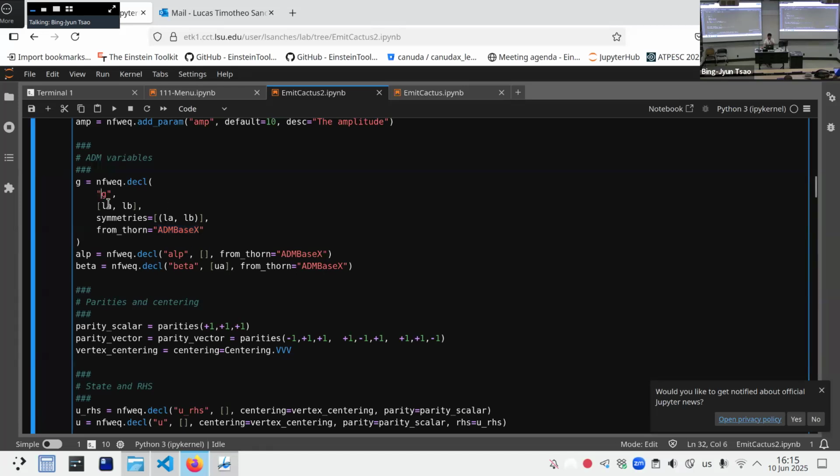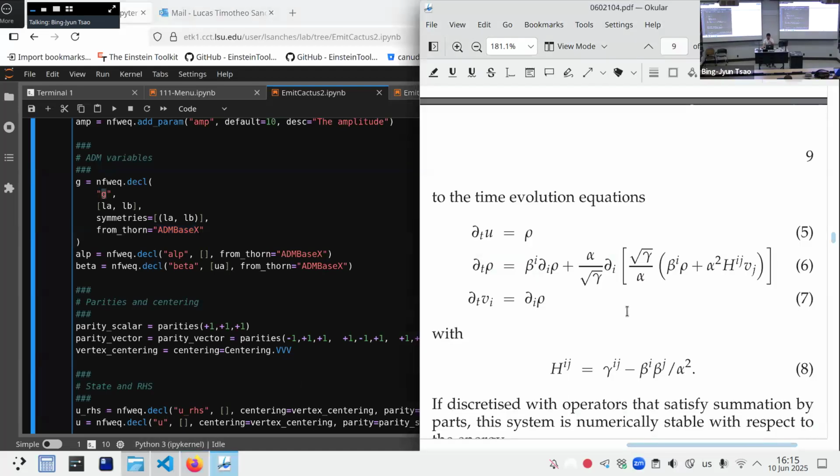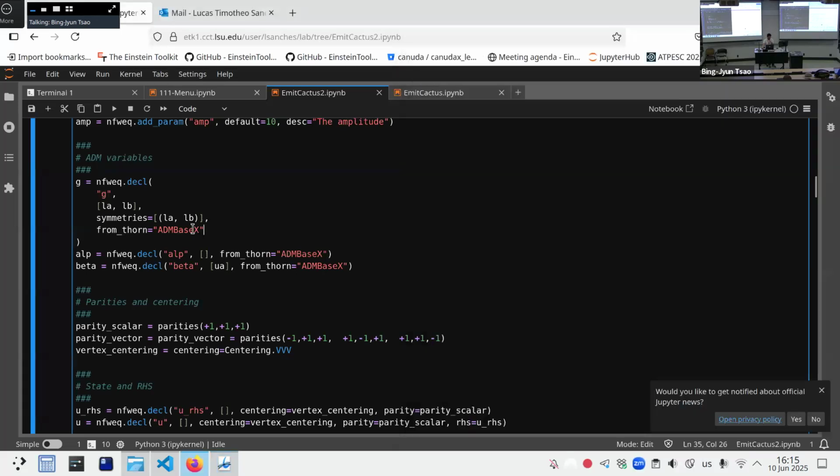So in this case, we're saying that we want to read the variable called G in ADM base X, which in our example here is the 3 metric. We call it gamma when we're talking in math terms, but CarpetX just calls it G. That's a standard notational convention.